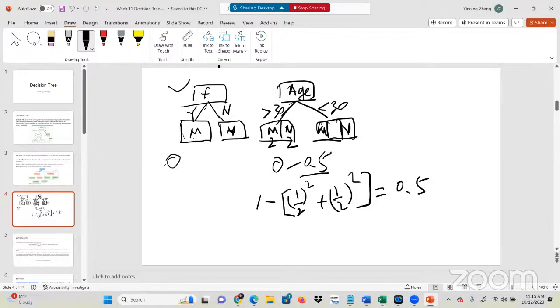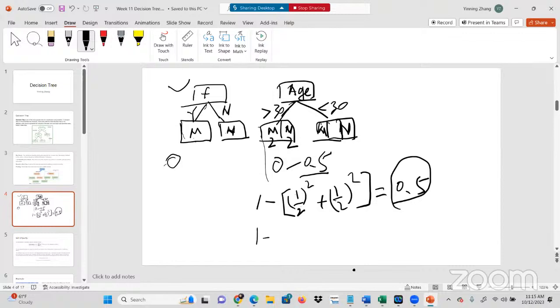Any question here so far? So this number doesn't go from 0 to 1. It goes from 0 to 0.5. That's the maximum number of Gini impurity, 0.5. All other numbers will be smaller than this one.